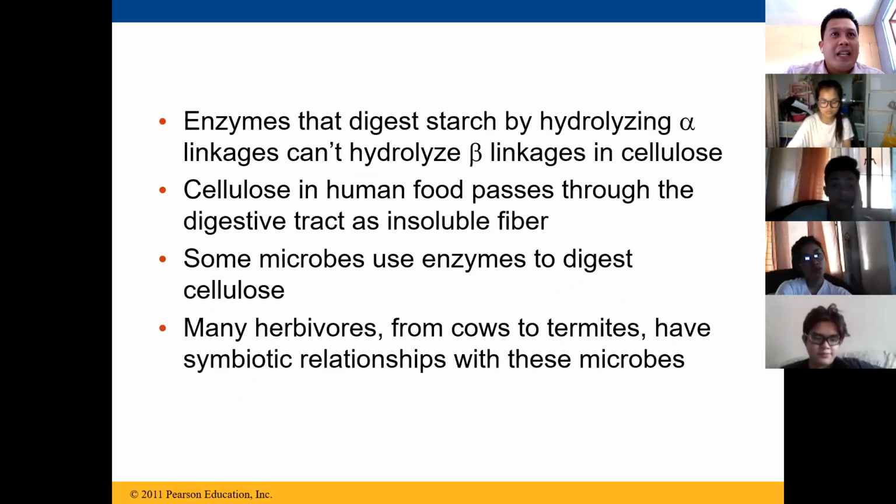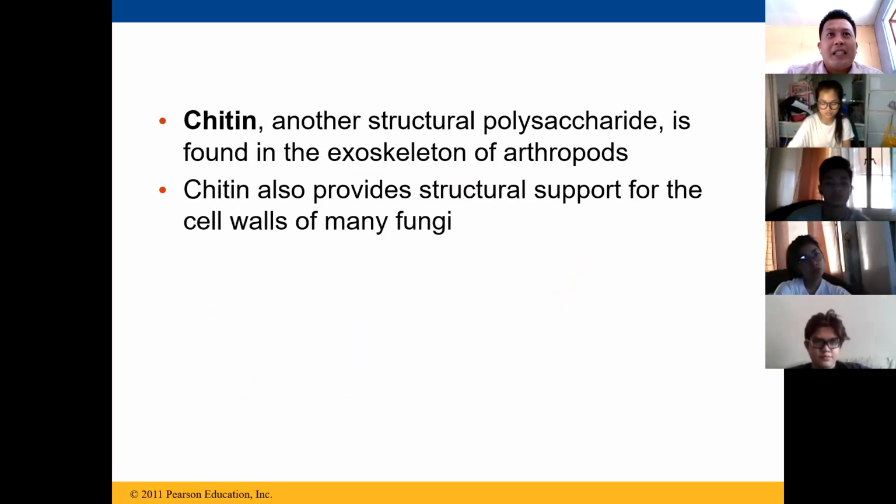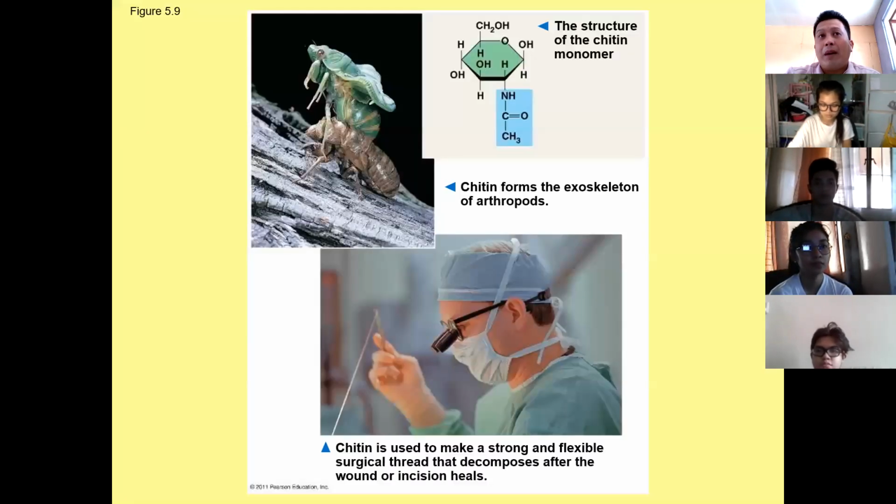Okay, we have here chitin. Chitin is another structural polysaccharide which is found in the exoskeleton of some arthropods. They provide structural support for the cell walls of many fungi as well. So here is an example of chitin, the remnant or hollow body of an insect.